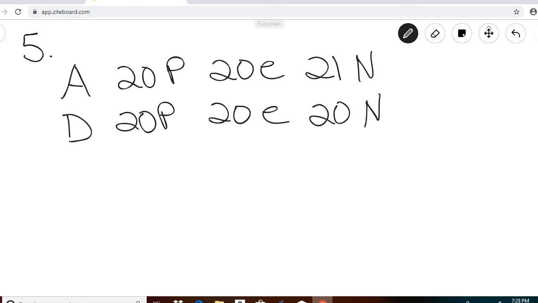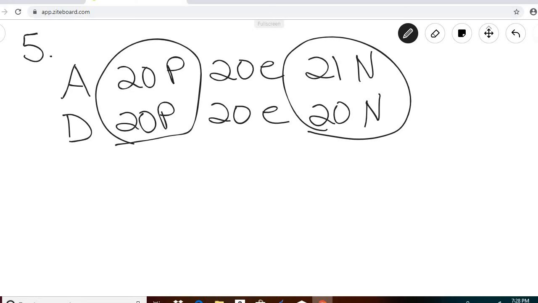So isotopes are those atoms that have the same number of protons but different numbers of neutrons. And that atom would actually be calcium.